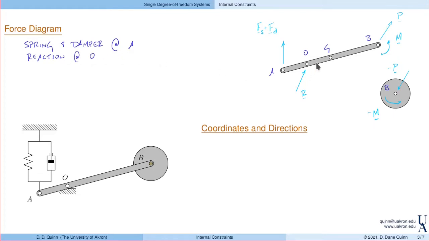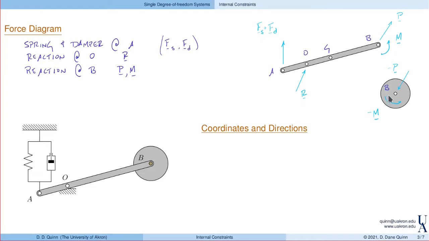That's the pin between the bar and the ground. And then we have reaction at the end of the bar between the disk and the bar, right? So that's going to be P and M. The reaction at O we'll call R. And then for the spring and damping force, that's Fs and Fd.